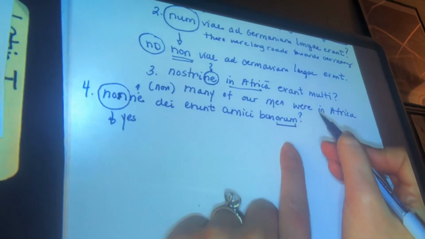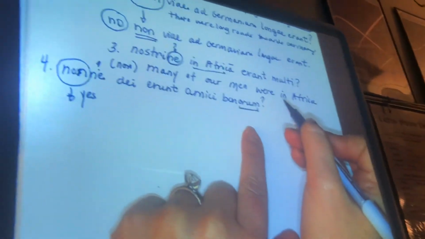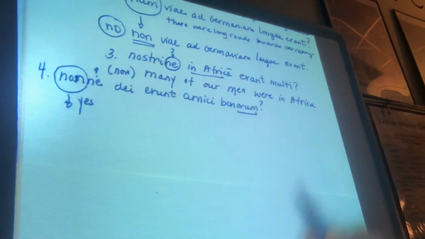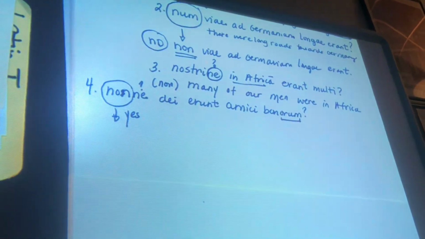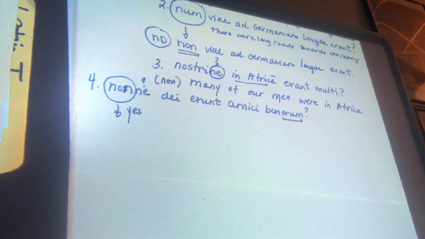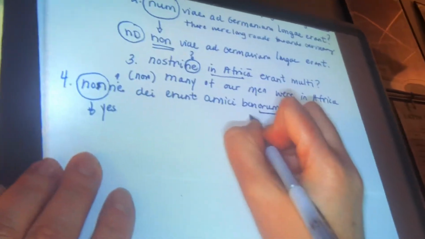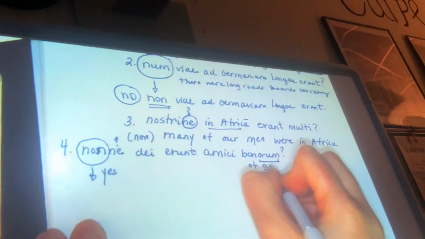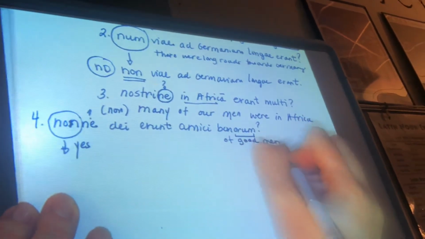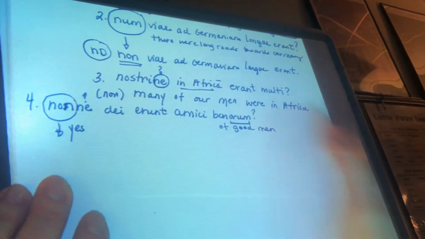Look, there's nothing that matches this ending, bonorum. What happens when you have an adjective and you don't have a noun that agrees with it? You insert man, woman, or things, right? So this is going to be of good men, right? Because of the O-R-U-M.